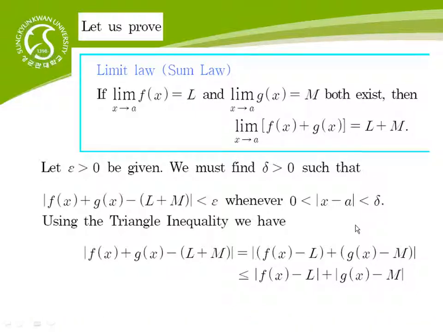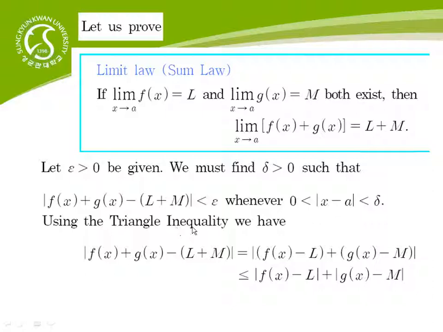Okay, now we're going to give a proof once more, an epsilon-delta proof, on the limit law, sum law. For a given epsilon, all we have to do is find a positive delta such that whenever the absolute value of x minus a is between 0 and delta, then the absolute value of f of x plus g of x minus (L plus M) is less than epsilon.